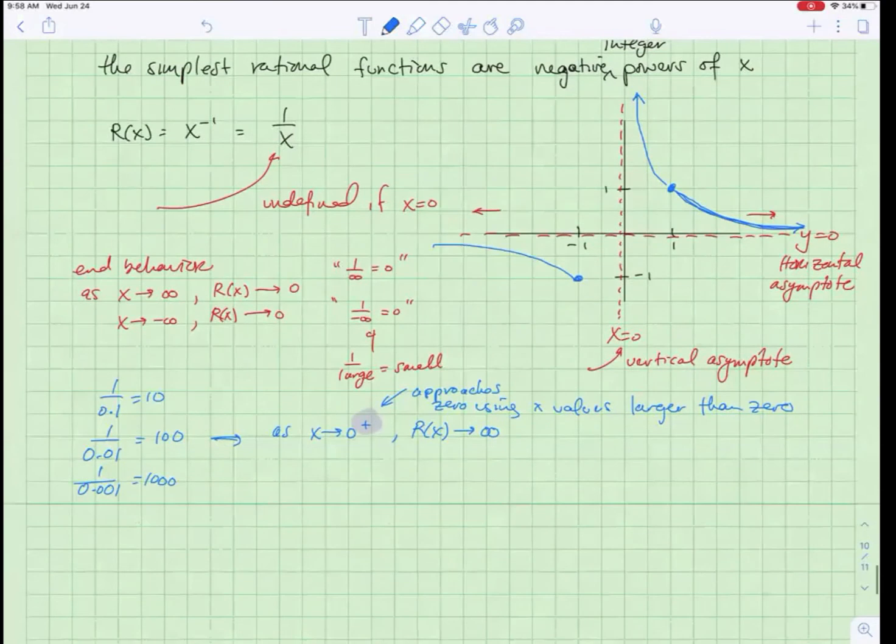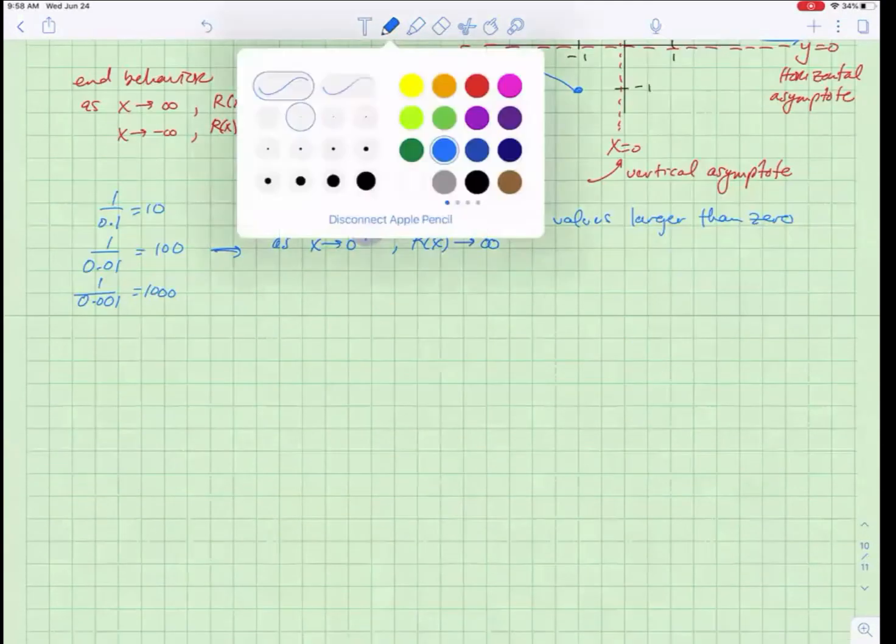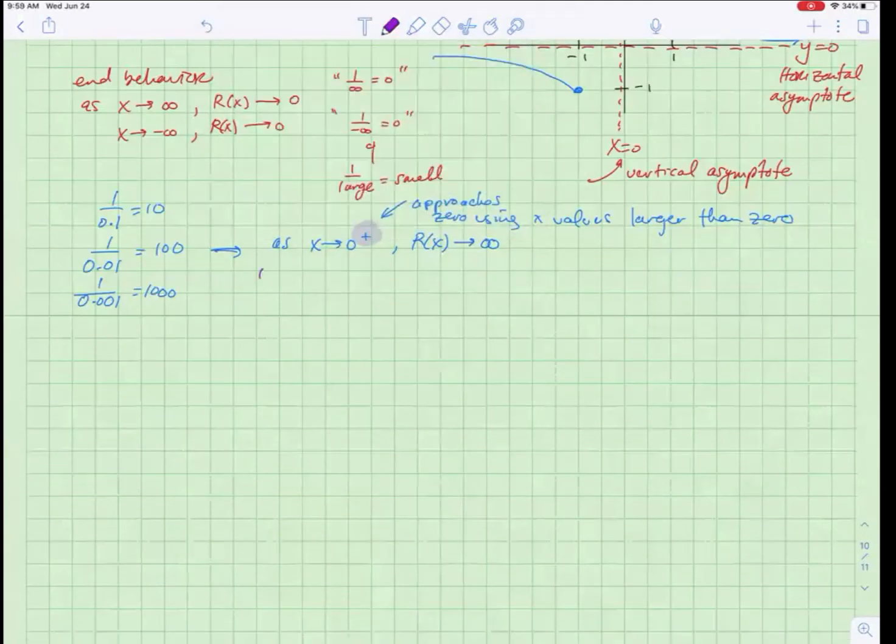Similarly, for 1 over negative 0.1, which is negative 10, 1 over negative 0.01, which is negative 100, and 1 over negative 0.001, which is negative 1,000. As x approaches 0 from the left side, or using values that are less than 0, r of x approaches negative infinity.